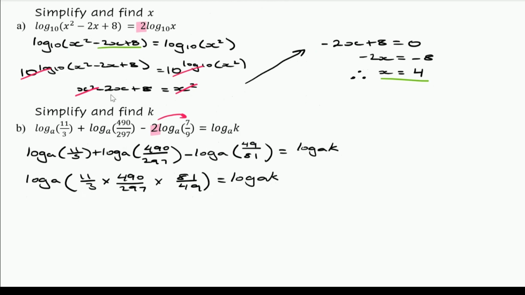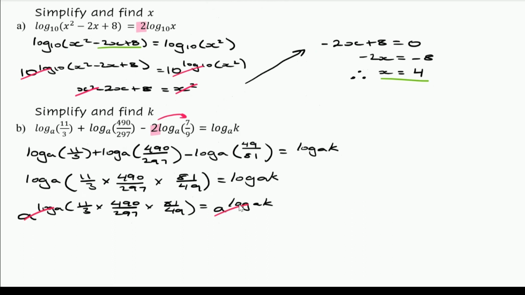Now, just as we've done in the previous question up here, I'm going to raise a to the power of all of this. So I'm going to have a to the power of log a of 11 over 3 times by 490 over 297 times by 81 over 49 equal to a to the power of log a of k.